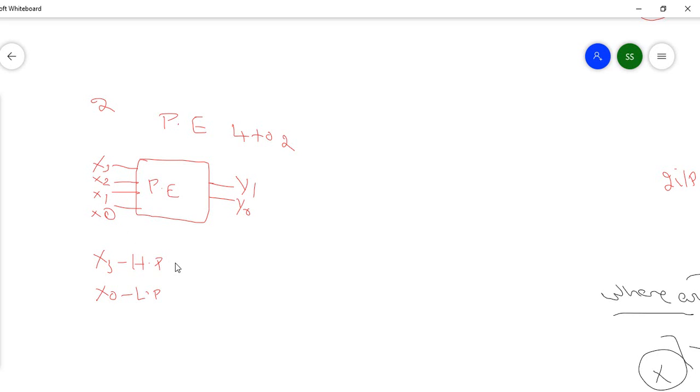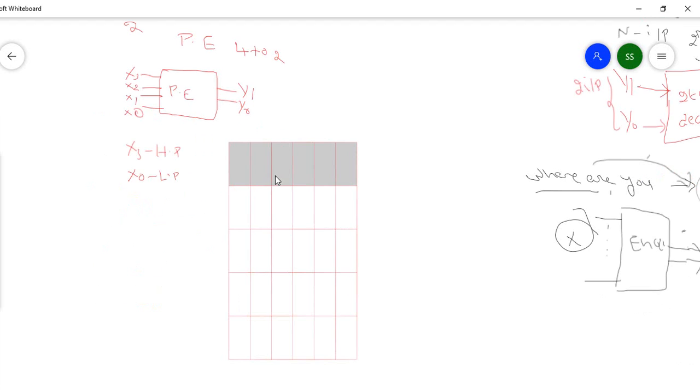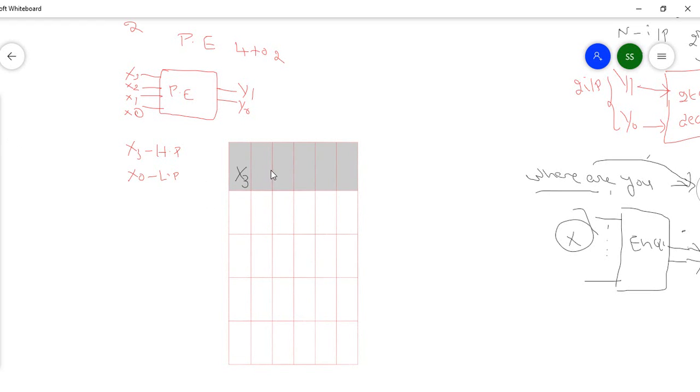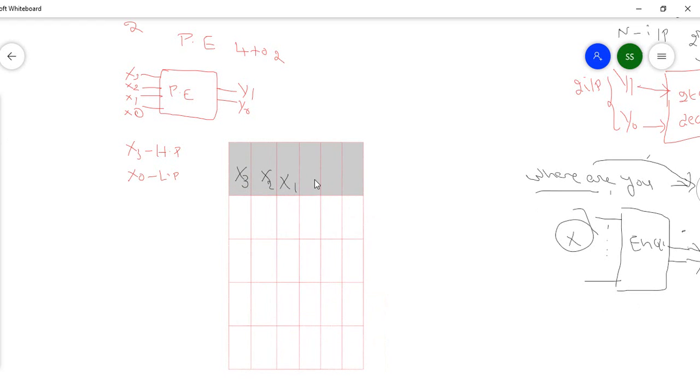So if you want to take a truth table, the inputs are x3, x2, x1, x0, written as it is. These are what we call the input portion, and this other portion is your output.